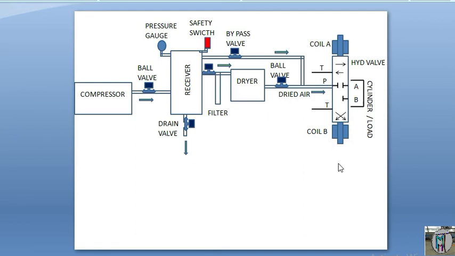Also, if you want to control the speed of your cylinder, if the cylinder is moving very fast, we can put one adjustable valve on the T point. Then you can control how much pressure is released through T, and your cylinder movement will be smooth.